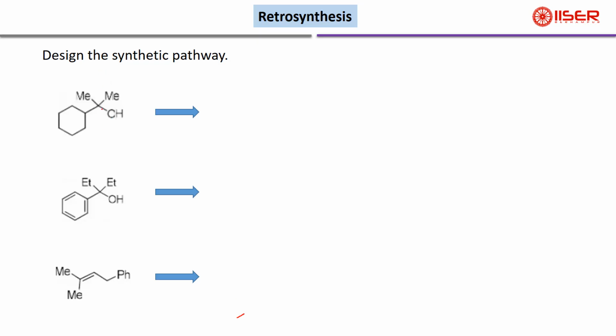So this is a compound. If you cut this part, then there can be a positive charge here, and methyl can take a negative charge. This positive charge can be compensated if you see, it can be an aldehyde, sorry, a ketone.